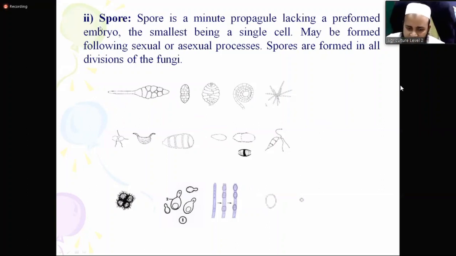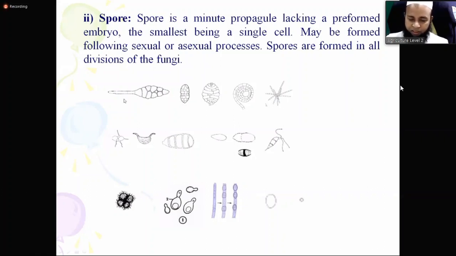It may be formed following the sexual and asexual process. Spores are formed in all divisions of fungi. You will study fungi divisions later on. In all divisions of fungi, they produce spore.